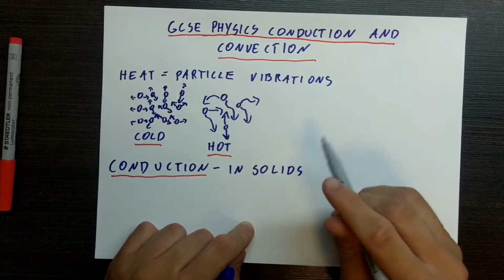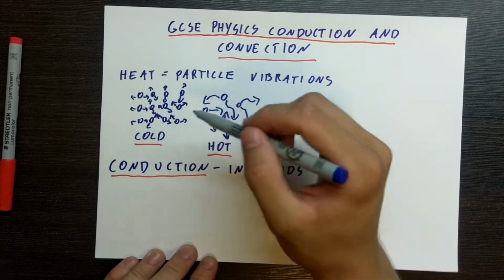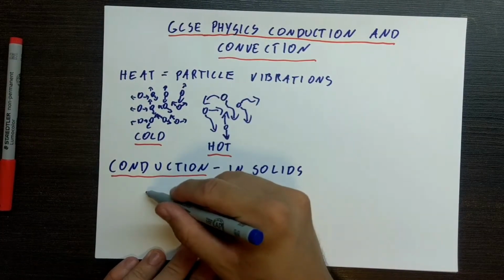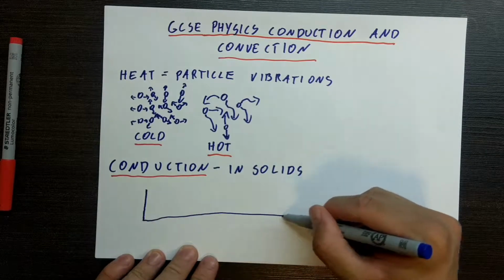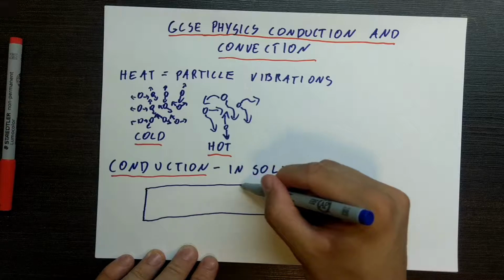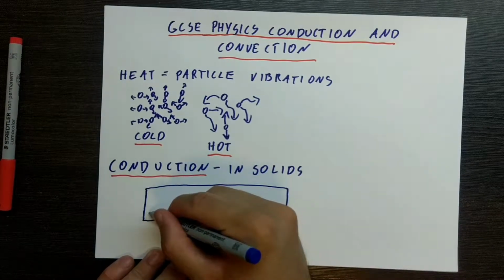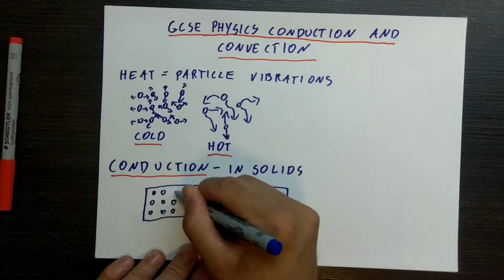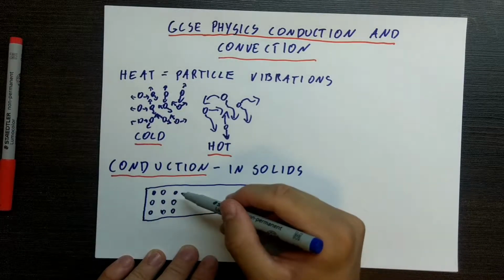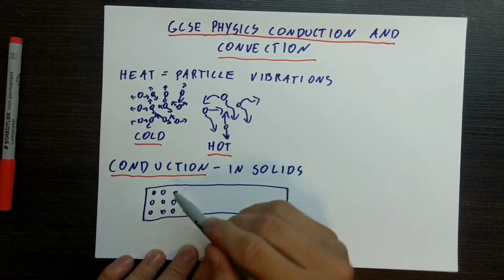How does conduction work? Well, as we said, the particles vibrate. Best way probably to show it is like this. We have a bunch of particles here, and they vibrate, as we explained. They may be cold at the moment, and they vibrate a little.